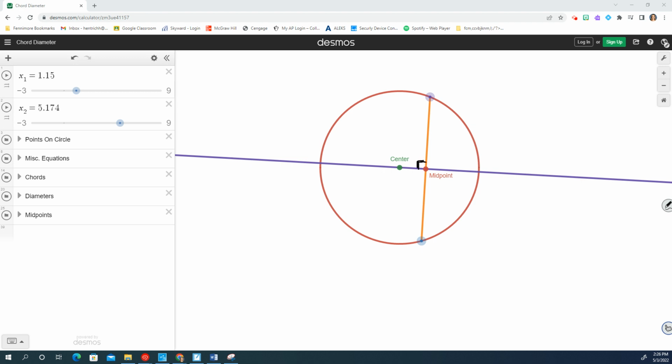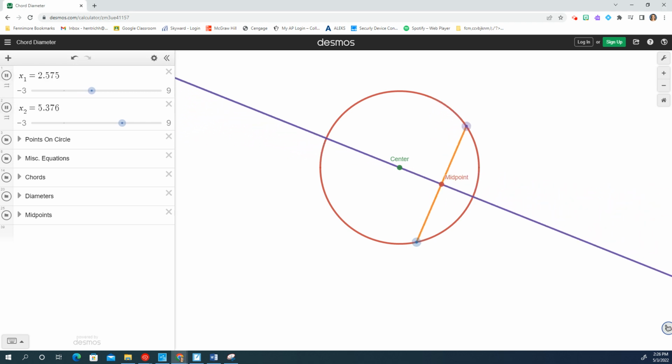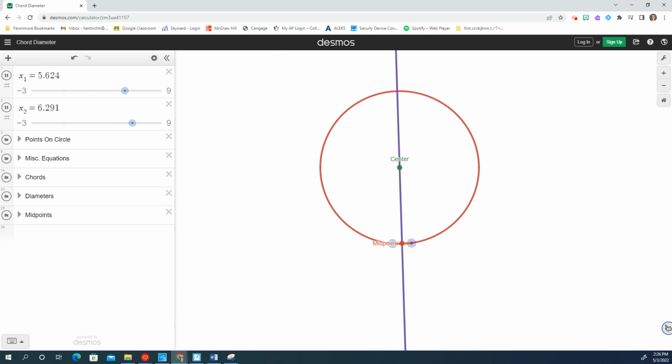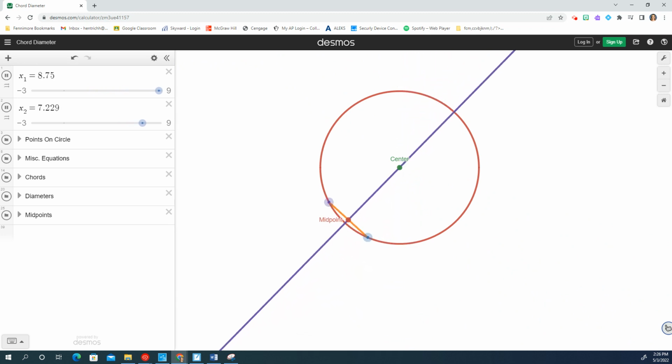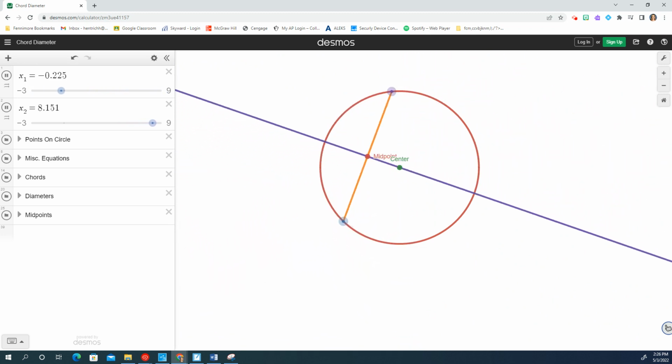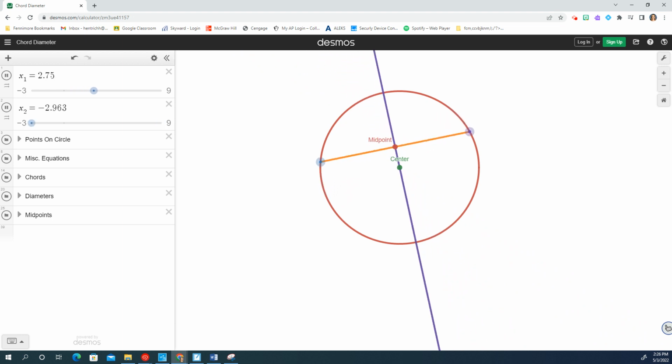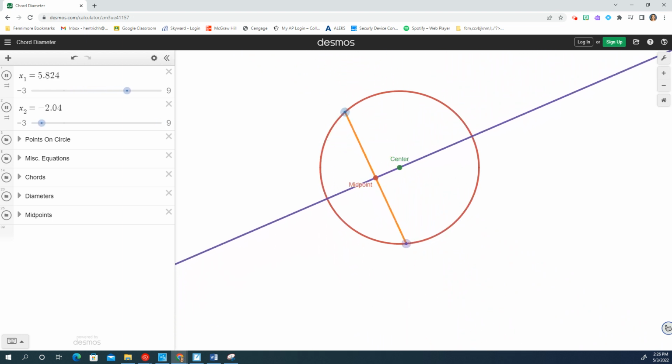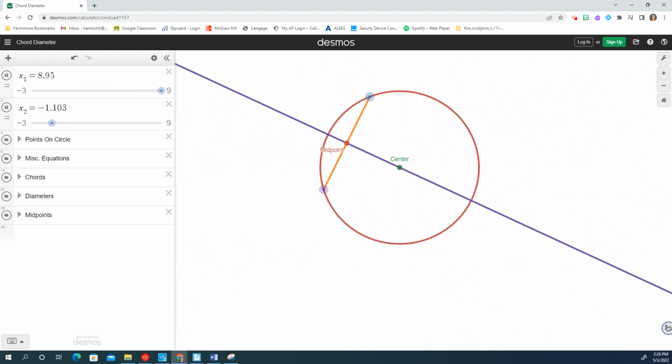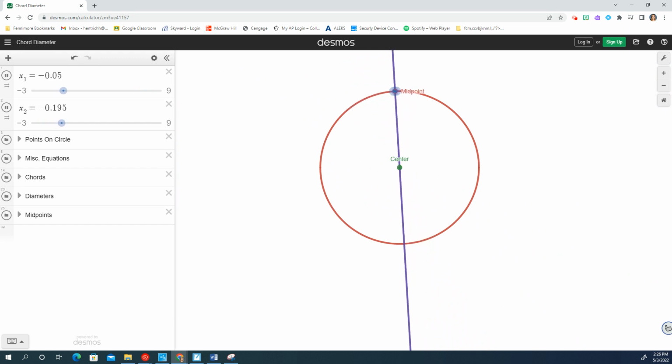No matter where the diameter or the chord is, it's always going to pass through the midpoint, so it's always going to bisect that chord, split it in half. And if you look at this arc, it's bisecting that arc as well. Pretty cool, huh?